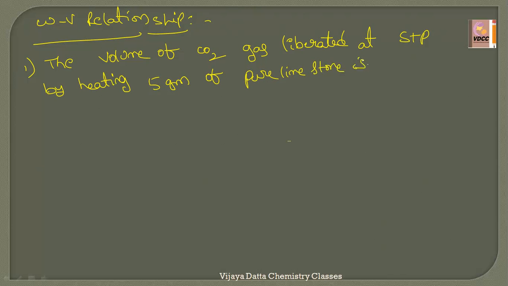The volume he is asking, but he has given 5 grams of pure limestone. So one is in weight, he is asking CO2 in volume. So this is called weight volume relationship.